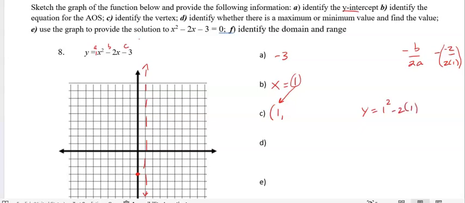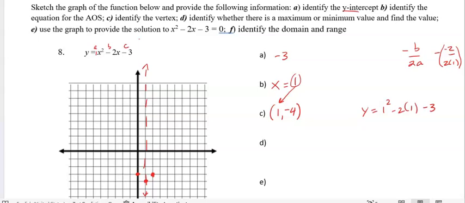And that'll tell you what the y-coordinate of the vertex is. So 1 minus 2 is negative 1. Minus 3 is negative 4. So the vertex is the point 1, negative 4, which is that point right there. And because of symmetry, since I already know where the y-intercept is, I can match that up on the other side of the AOS, and now I have 3 of the 5 required points.